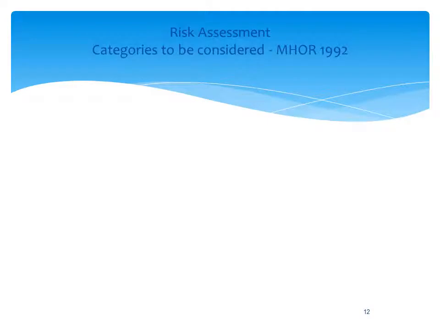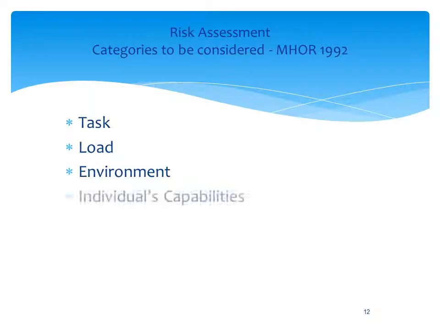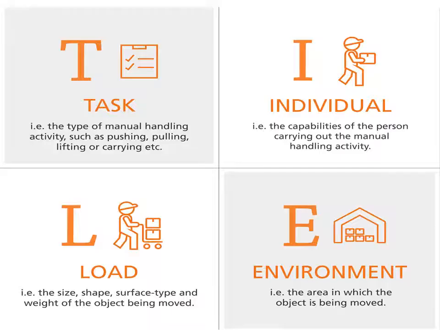In order to work out the risk, the law requires us to consider 4 categories. It is these categories, the task, the load, the environment, and the individual, and sometimes there will be other factors, that we must look at for risk factors. If it's a task, we have to consider the type of manual handling activity, such as pushing, pulling, lifting, or carrying.